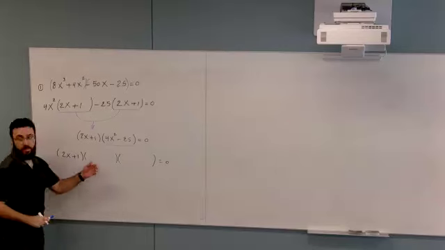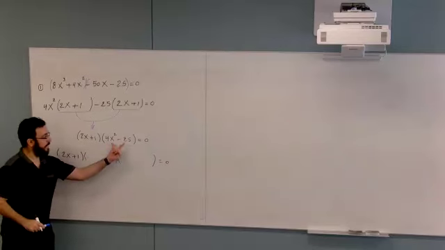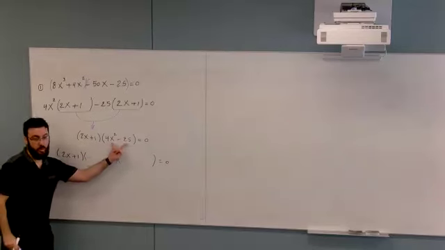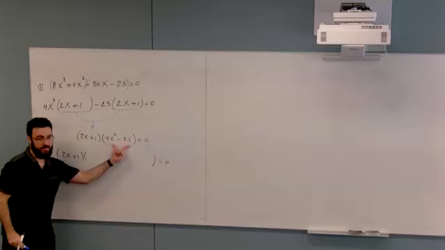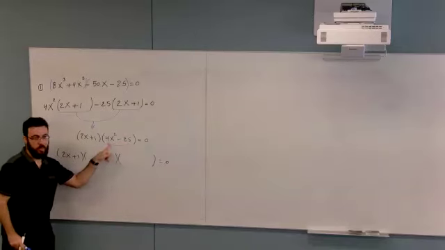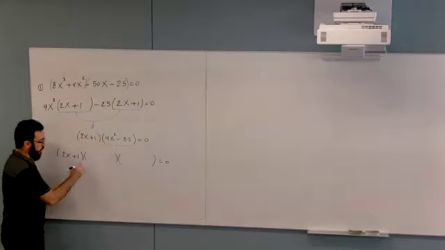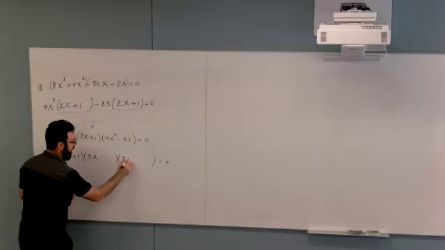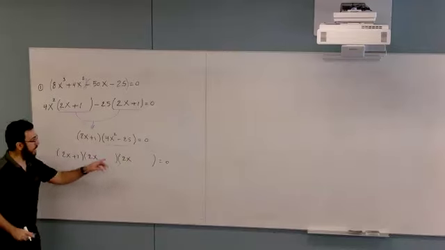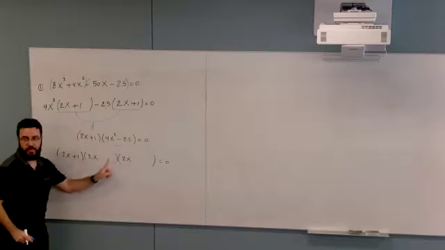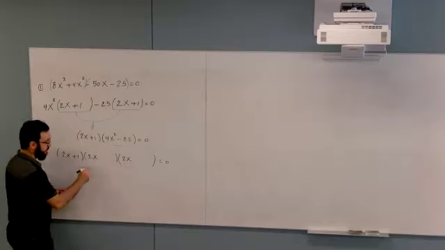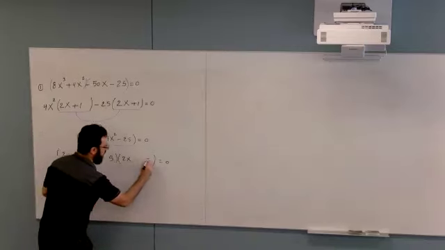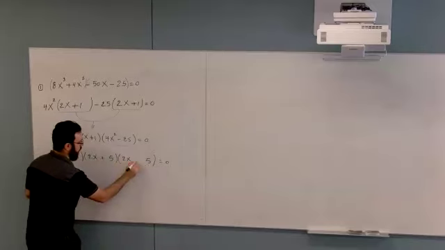Factor by 4. Can I use difference between 2 squares on this part? 4 is 2 times 2, right? I'm going to write down 2 here and 2 here, x squared. Okay. Now 25. Can I write down 5 and 5? I'm using difference between 2 squares, 1 plus, 1 minus.